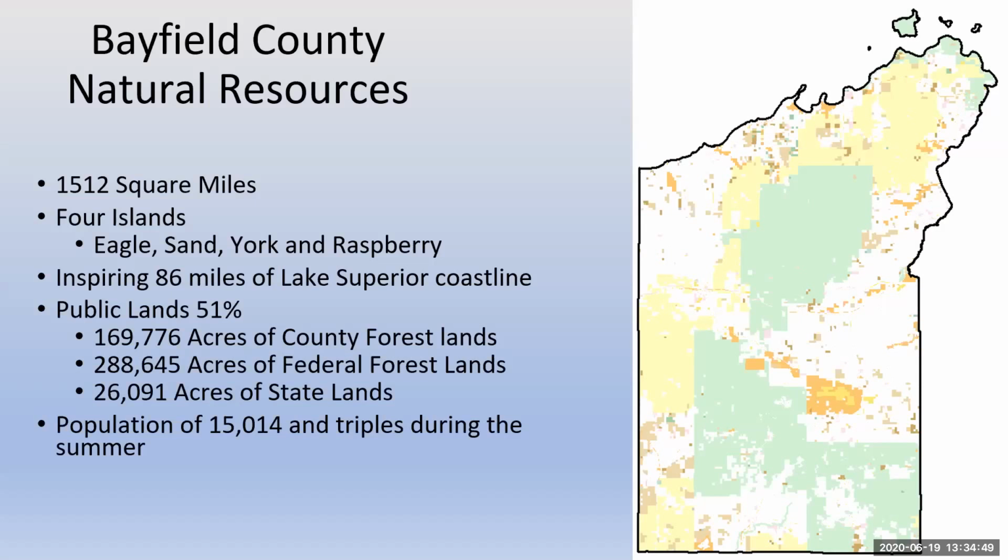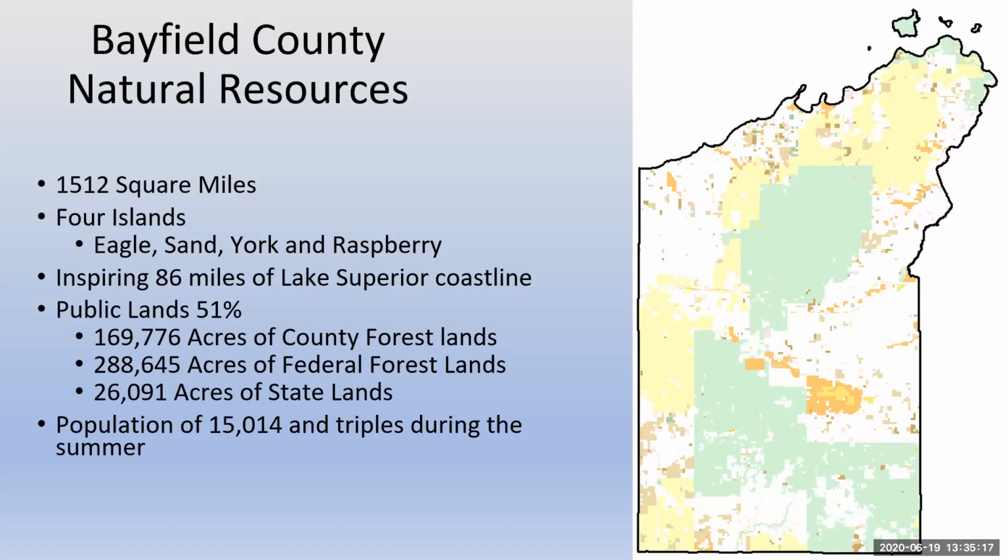We also have 51% or slightly above that in public ownership. The majority of that is federal forest, and then county lands, and then after that it would be state. We also have a lot of lands in private ownership that are open to the public in managed forest programs.